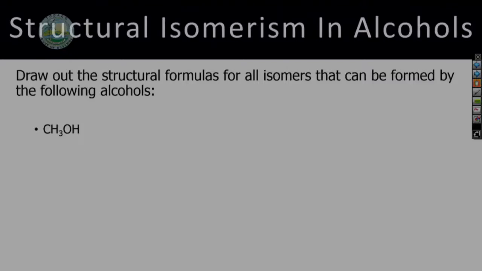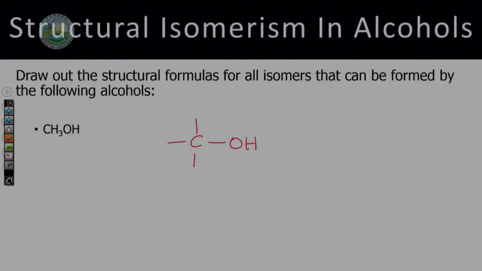We're going to look at the first one. Can we have structural isomerism from this particular one? Let's begin. We have an alcohol that contains one carbon, and we have 3 hydrogens, and an OH group bonded to it.